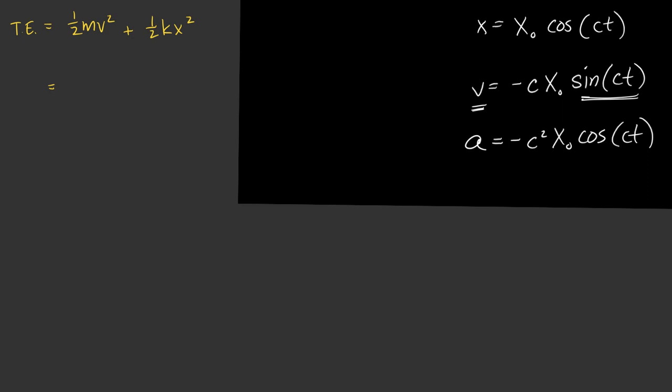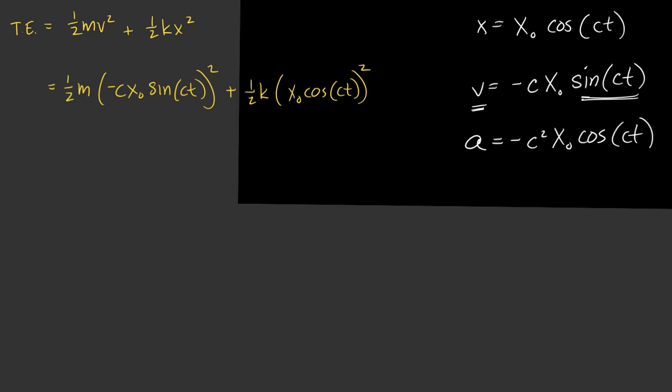So how about we put those in? 1/2 mv, which is negative c x naught sine ct, quantity squared, plus 1/2 k x, which is x naught cosine ct, quantity squared. This has to be the total energy, but now this is the total energy as a function of time. And we know the energy is going back and forth between these two things.